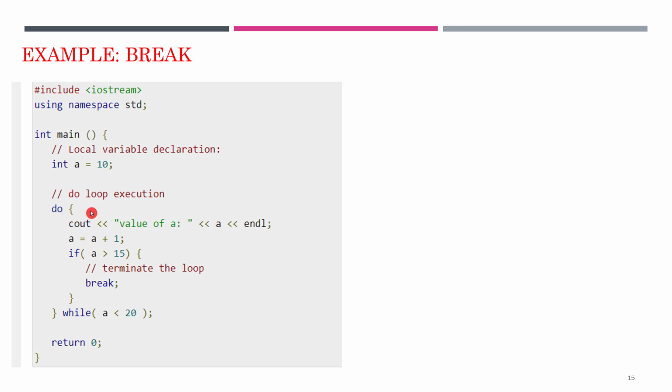We have initial value 10, so this would have executed 10, 11, 12, 13 up to 19. But you're putting an if inside this one, a greater than 15, which closes the loop. So the values will be 10, 11, 12, 13, 14, 15, 16. At 16, it will come out of the loop.